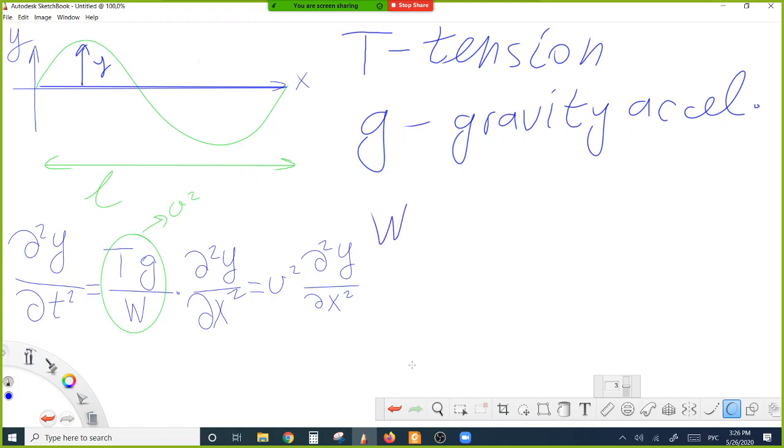And w is the weight per unit length of the string.